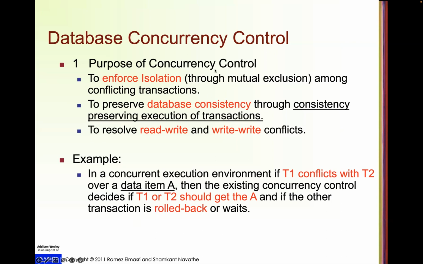So the concurrency control decides this based on certain rules, so that the data item A is not left in an inconsistent state, because T1 and T2 are conflicting with each other to access this data item.